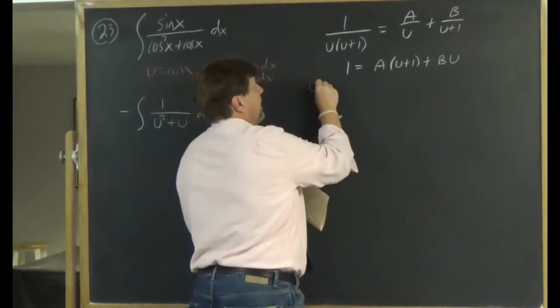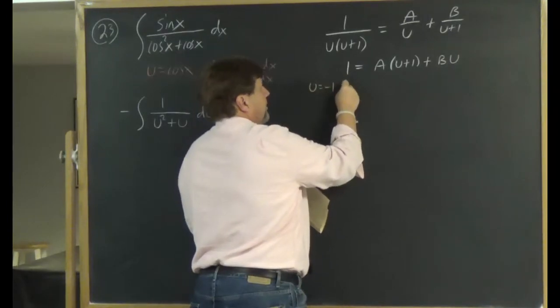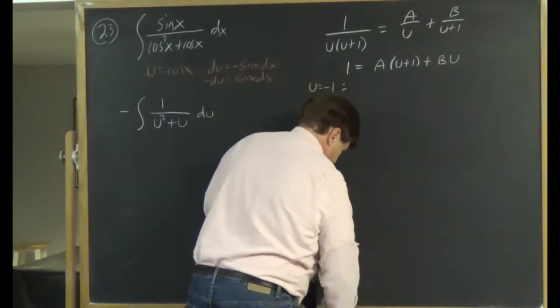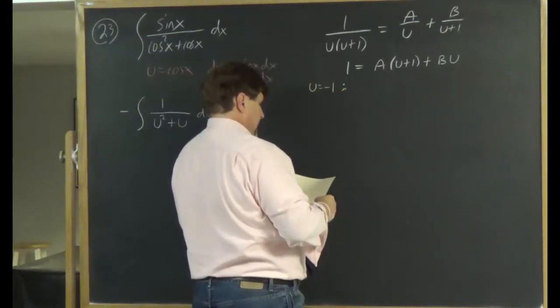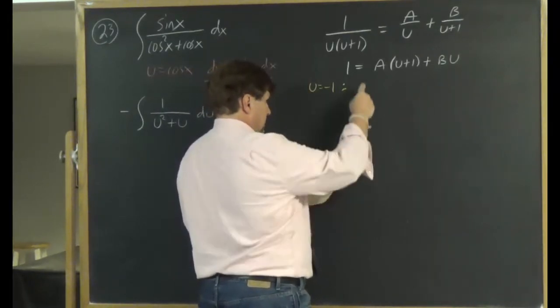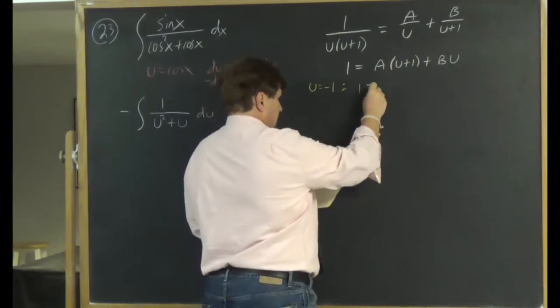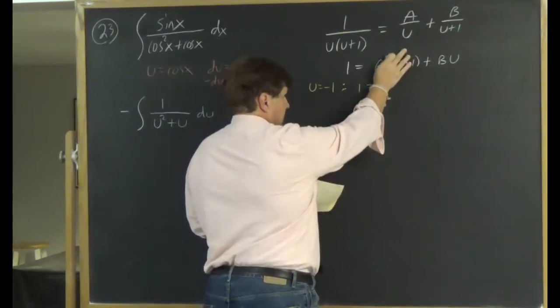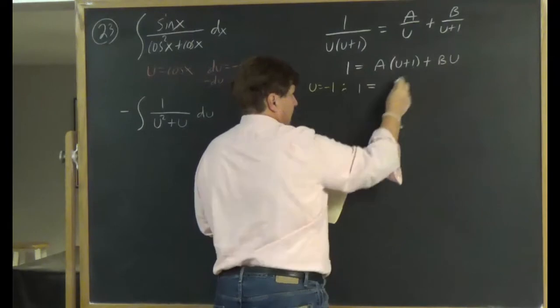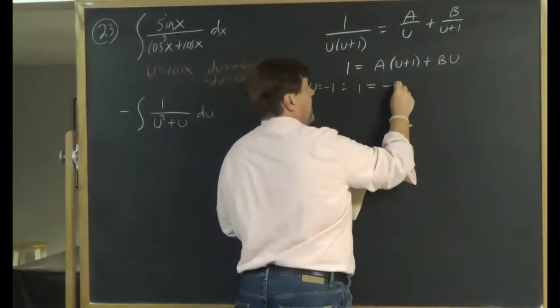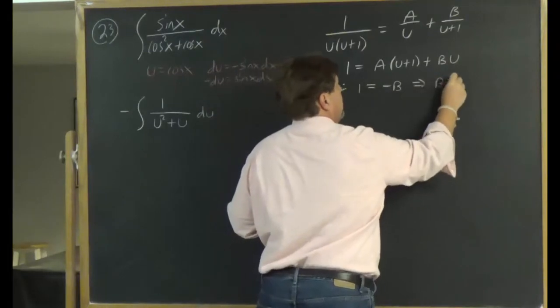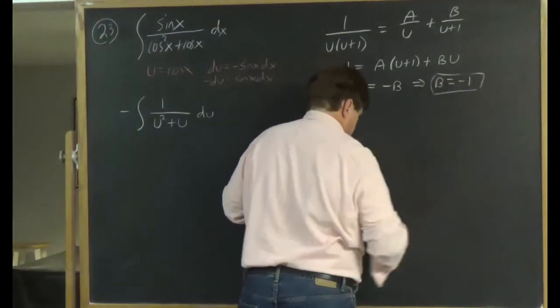Here I would pick -1. So if I let u equal -1, I get 1 equals, this is gone, so we'd have B times -1. That's a negative B. So that tells me B is -1.